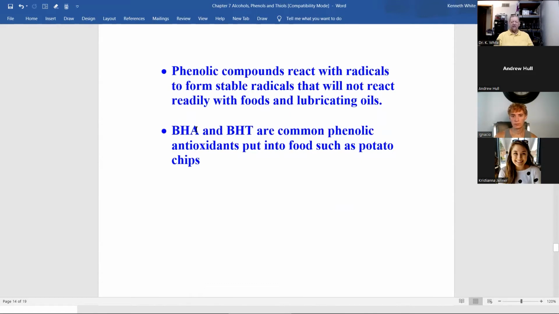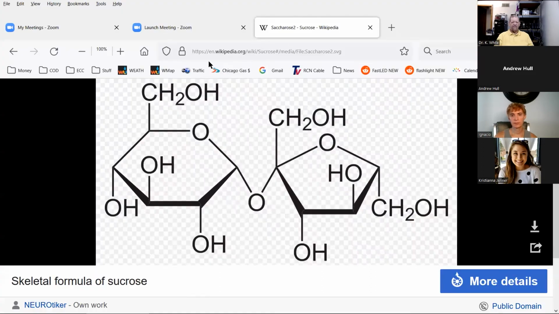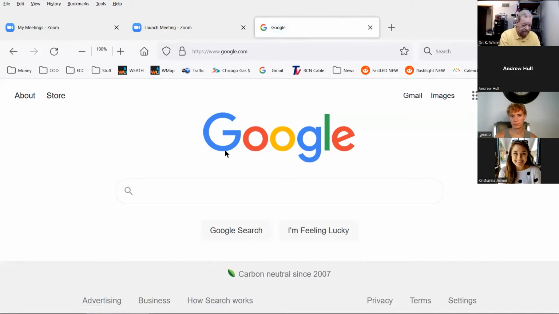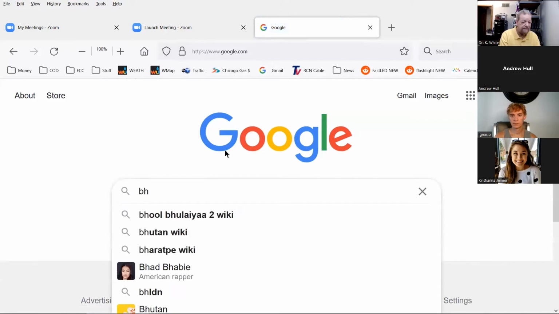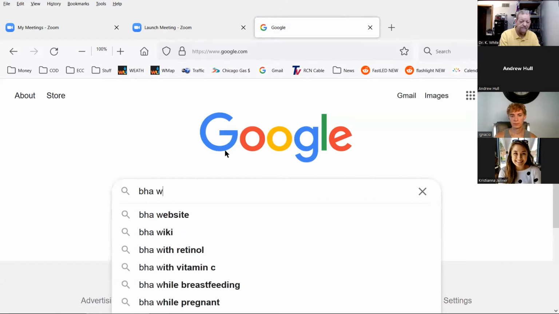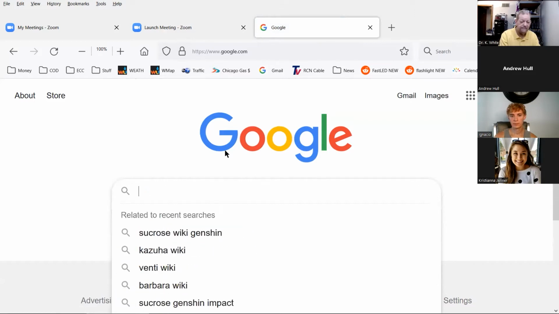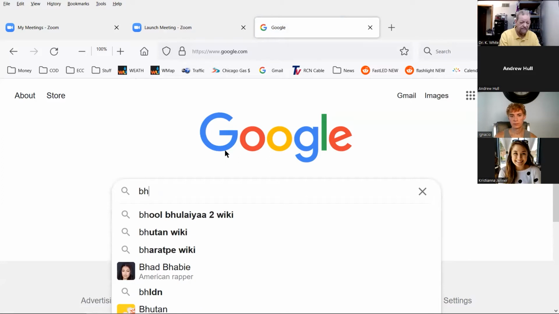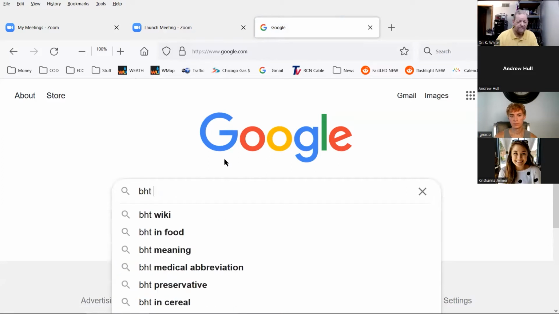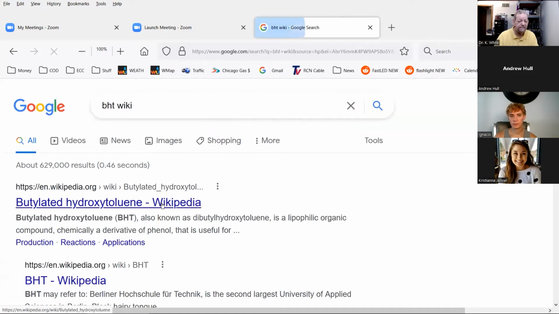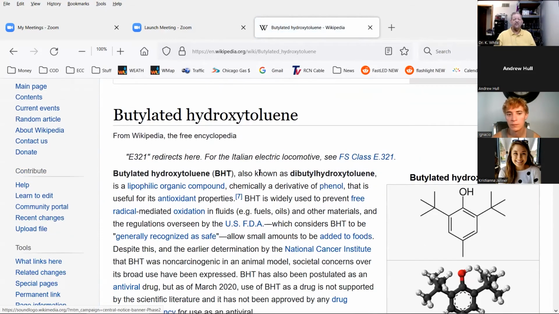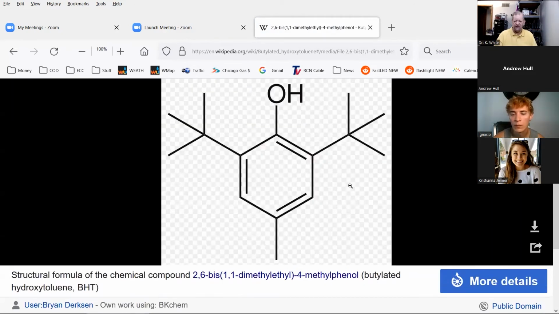And two of the more famous ones are BHA and BHT. And BHT is shorthand for butylated hydroxytoluene and has this structure.